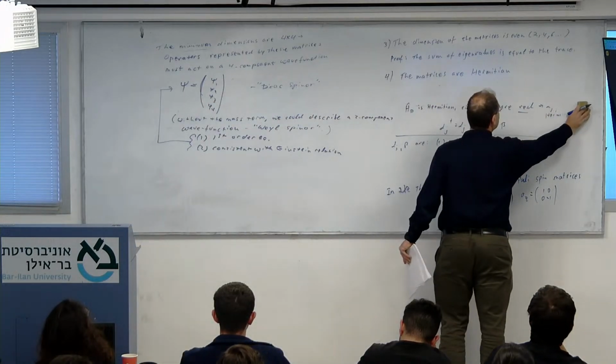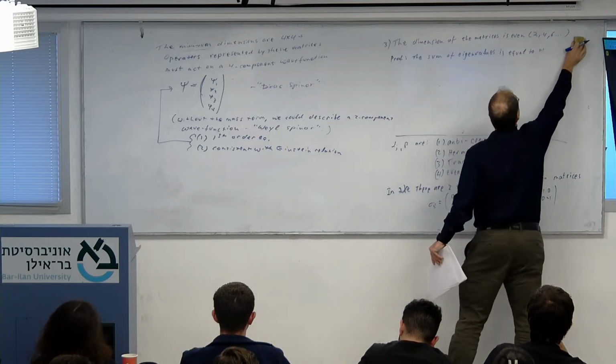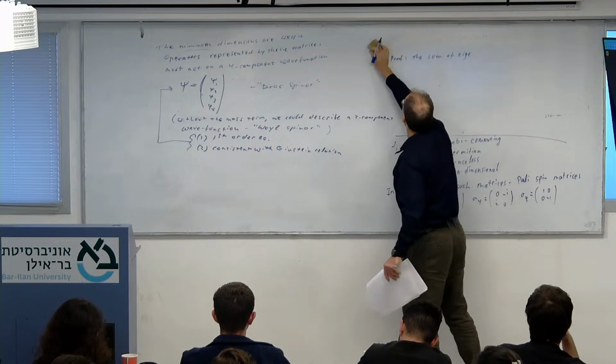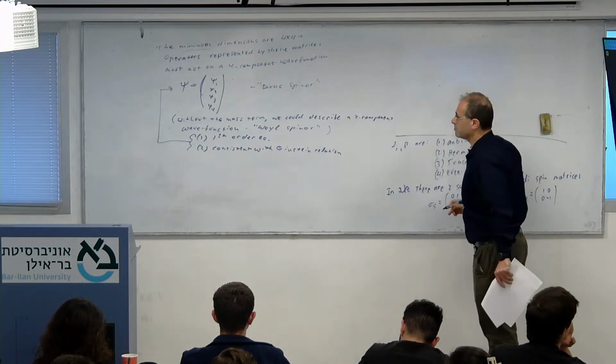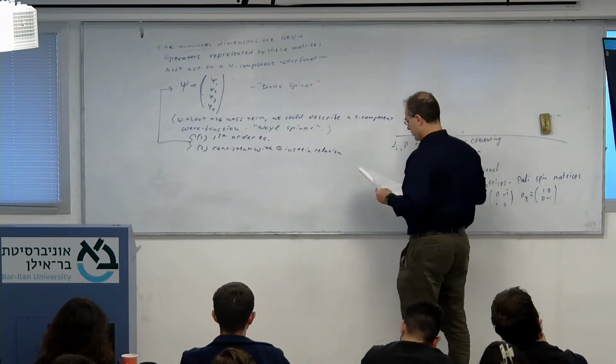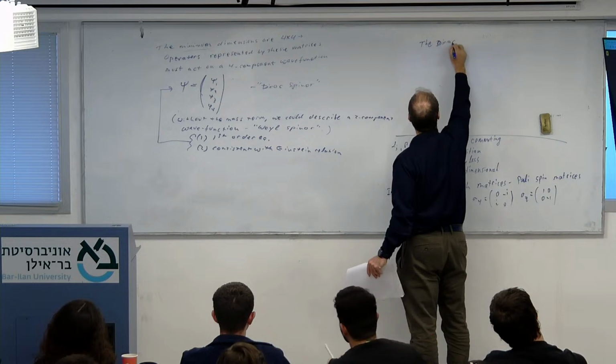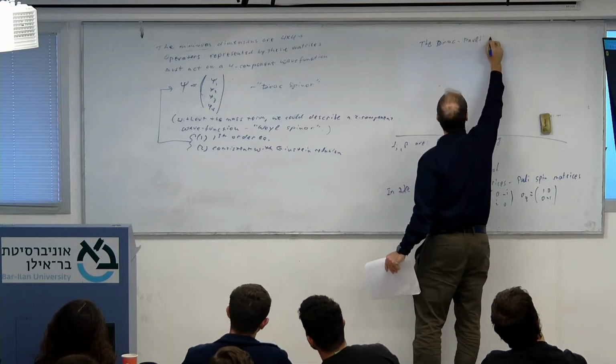Again, I'm emphasizing that you can use more than one representation, but the most common one, and the one that we're going to use here, is the Dirac-Pauli representation.